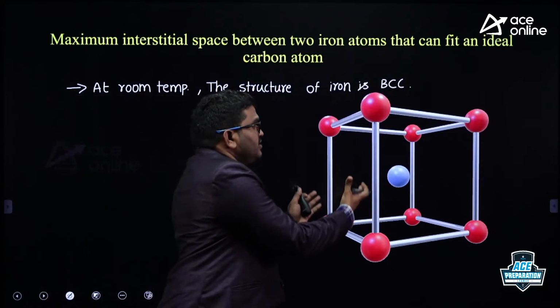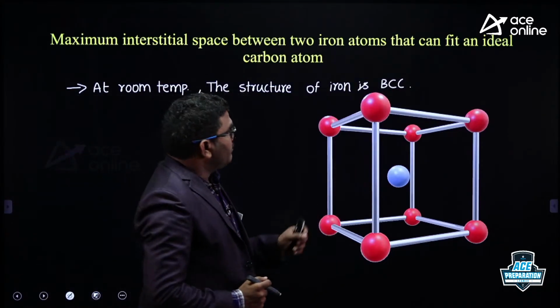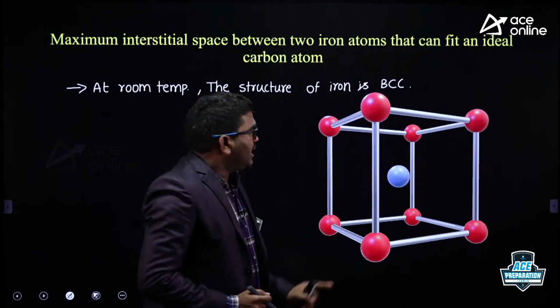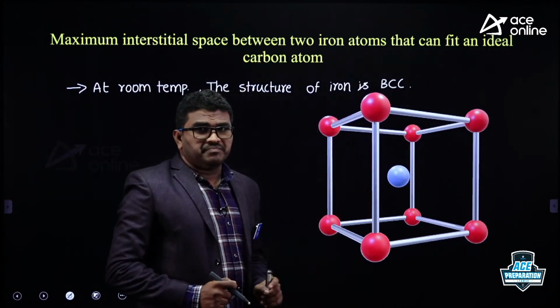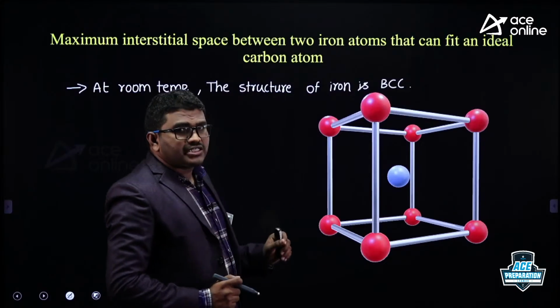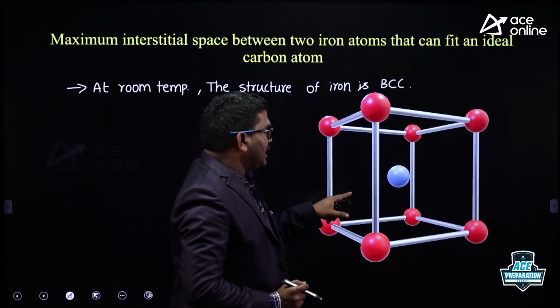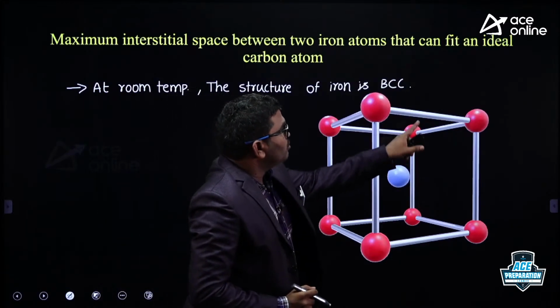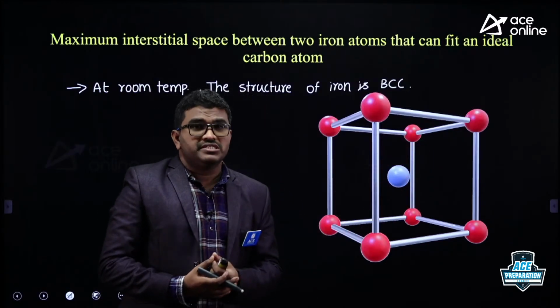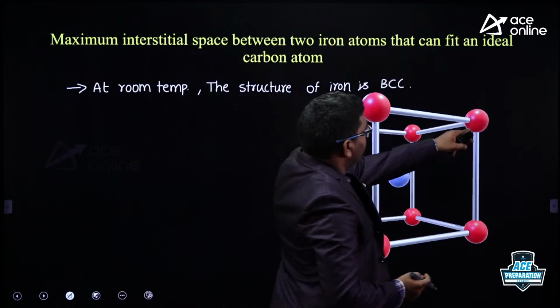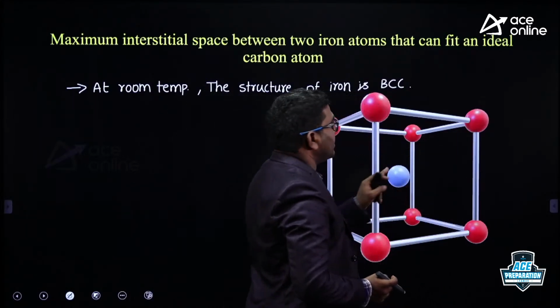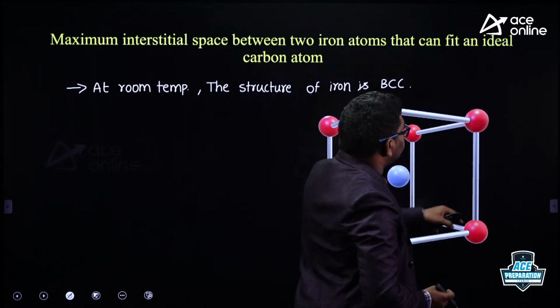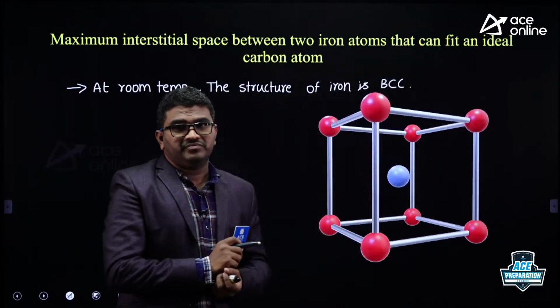So, here I am considering the BCC structure. At every corner there is one atom, at the body center there is one atom. Here in the BCC structure, all 8 corner atoms touch the body center atom, but no two corner atoms are touching each other. This is an iron atom, this is an iron atom, this is an iron atom, but between these two iron atoms there is a space.